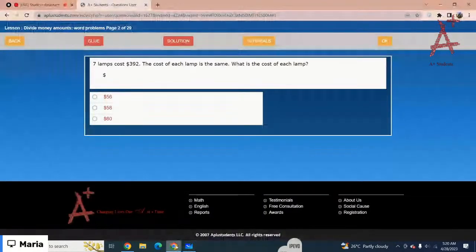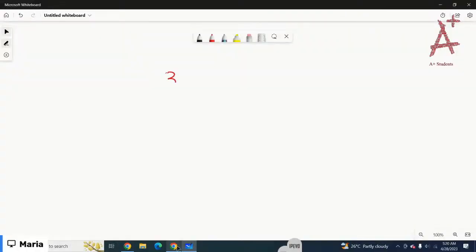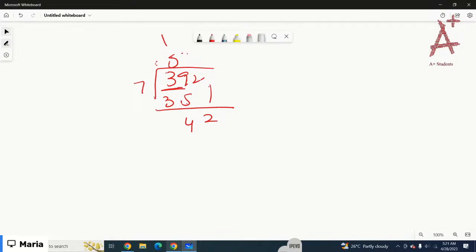The next one is the cost of the 7 lamps is $392. The cost of each lamp is the same. What is the cost of each lamp? So 392 divided by 7. You have to count 7 until 39. So 7 times 5 is 35. 39 minus 35 is 4, and bring 2 down. So 7 times 6 is 42.